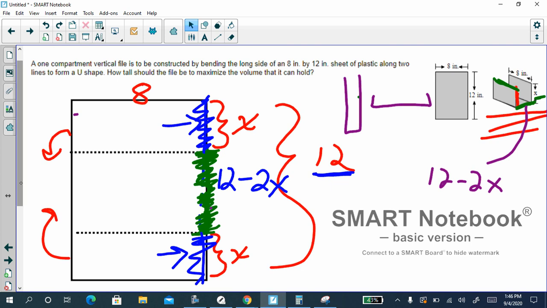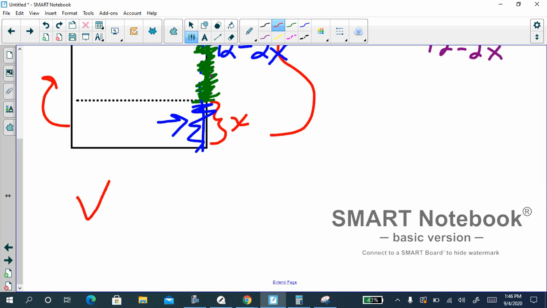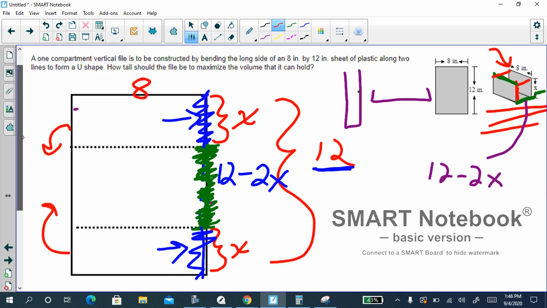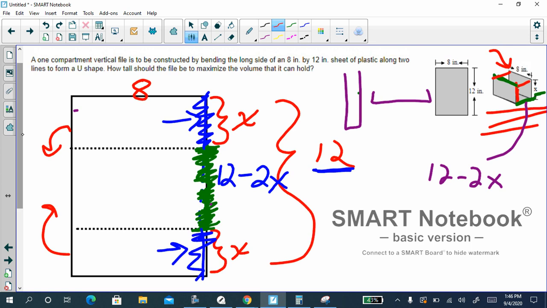So if we think about this, this is basically a cube. If we imagine lines going across there, that's a box, that's a prism. So we have a volume that's length times width times height. So one of those directions is 8.